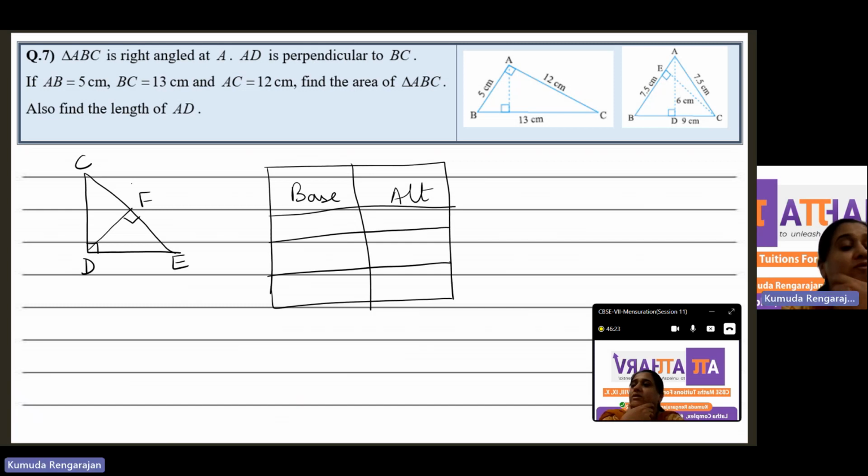You're filling the altitudes and then you're going to fill the bases?